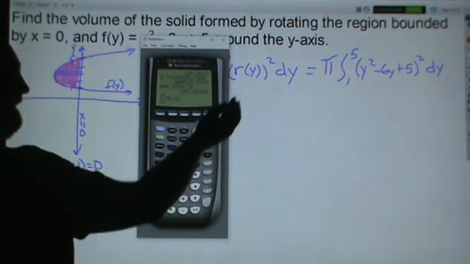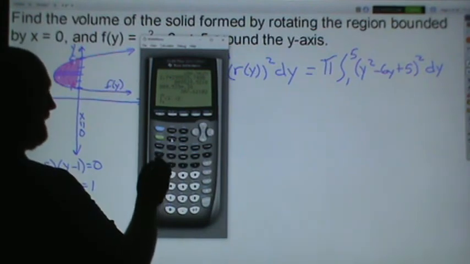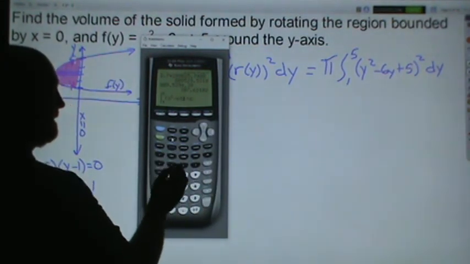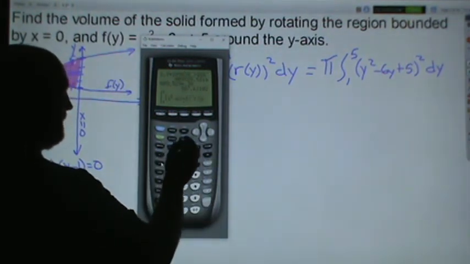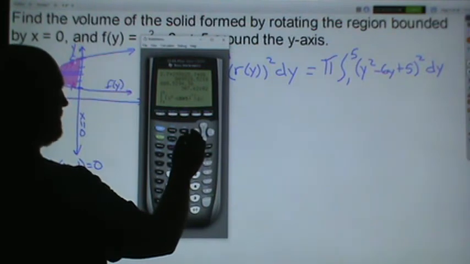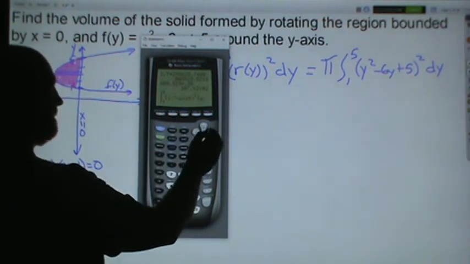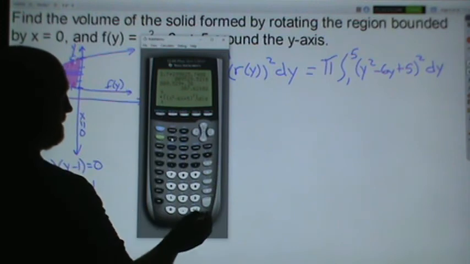Even though it's a y up here, I type it into my calculator as an x. So I'm going to say x squared minus 6x plus 5, quantity squared. I'm going to need an extra parenthesis on my left as well. dx. Enter.